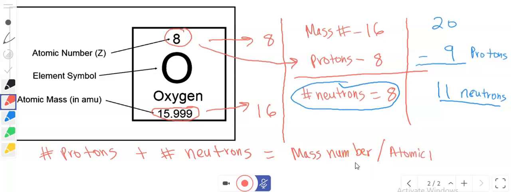Okay, you could use that as well. And then if you want to find the neutrons, you must take the mass number, subtract the protons, and it will give you the number of neutrons. For example, 16 from oxygen minus 8 from the protons is equal to 8 neutrons.